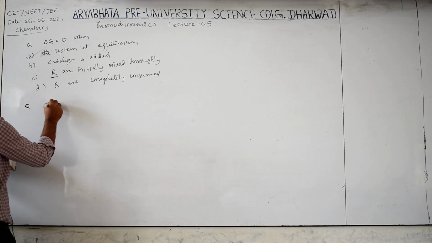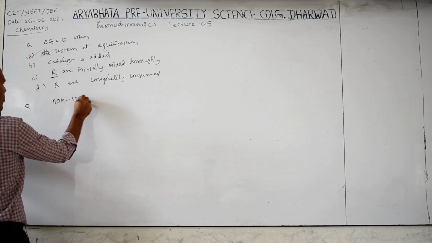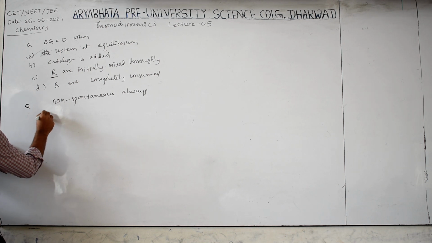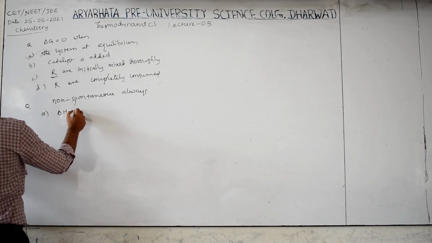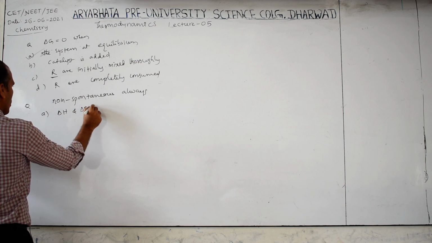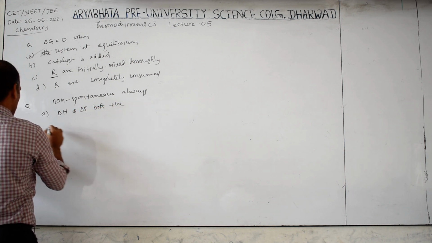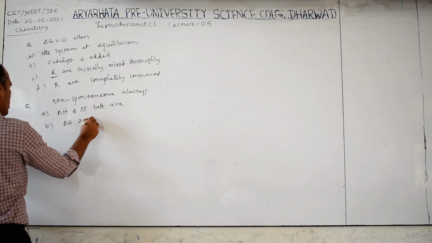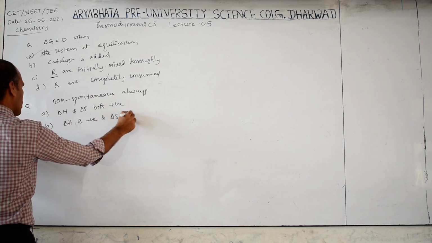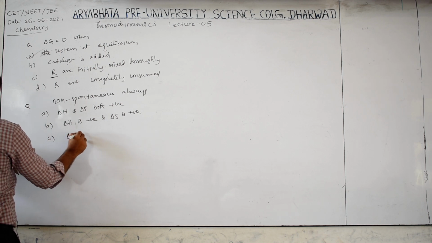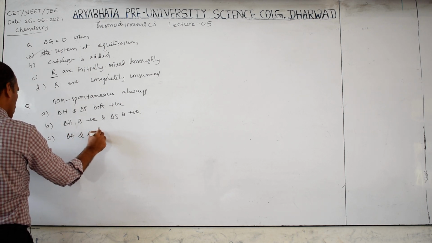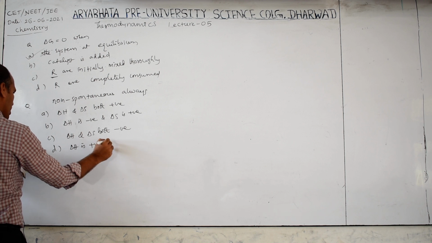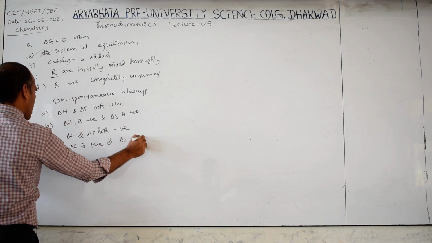Always non-spontaneous. Here the options given: A, delta H and delta S both positive; B, delta H is negative and delta S is positive; C, delta H and delta S both negative; D, delta H is positive and delta S is negative.